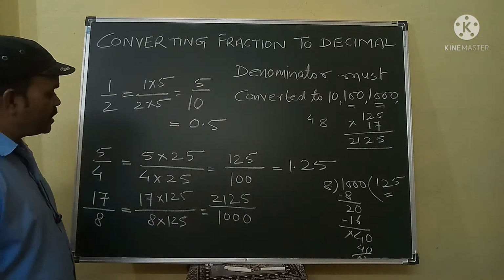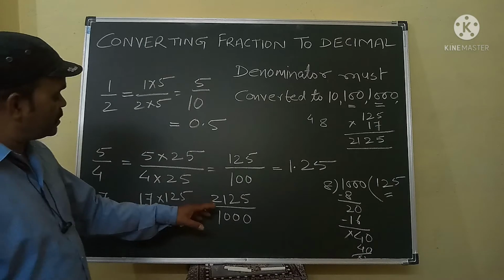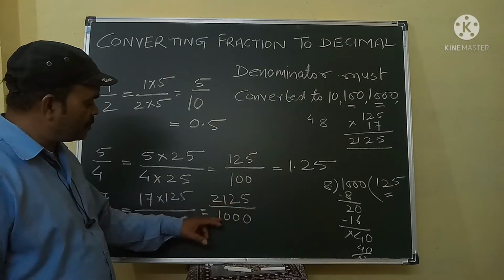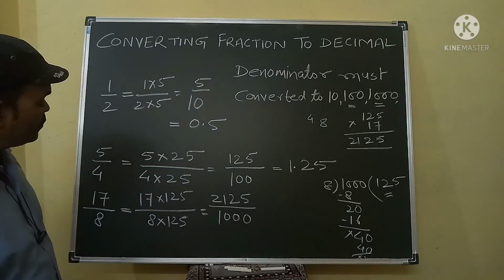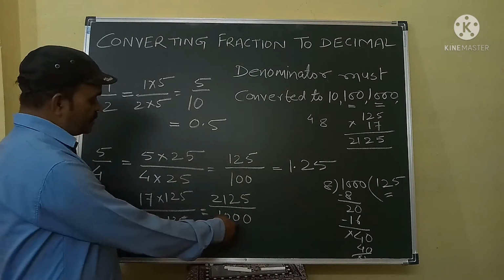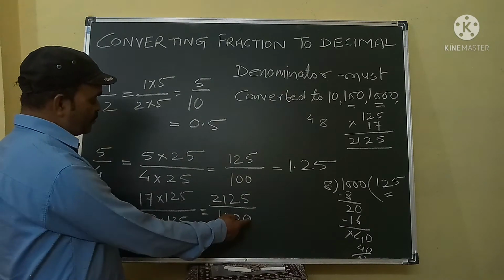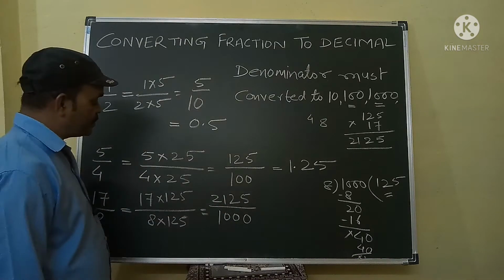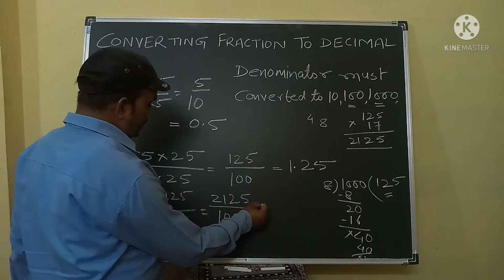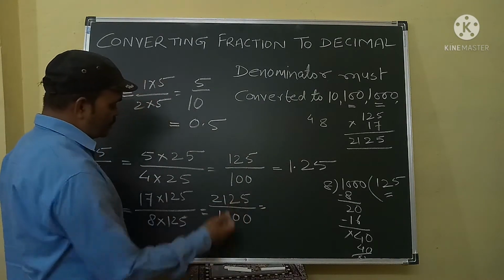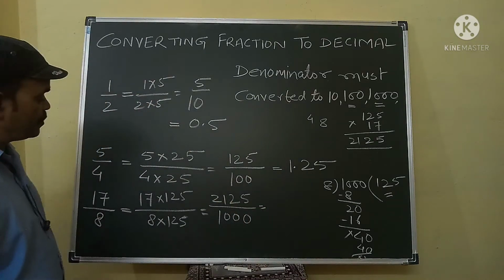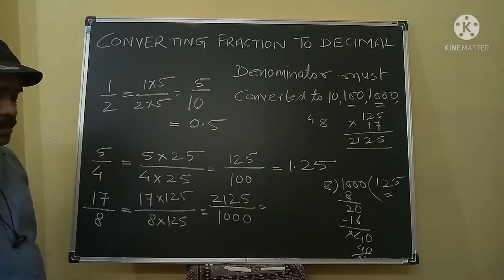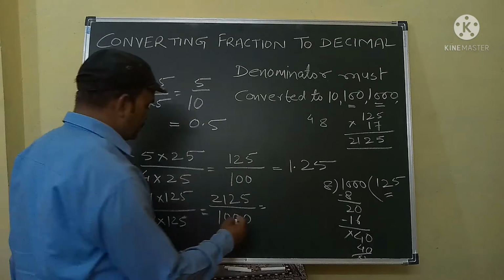Then what will we do? This is 2125 upon 1000. In 1000 the number of 0s is 3. That means before 3 digits in the numerator we will put the decimal point.